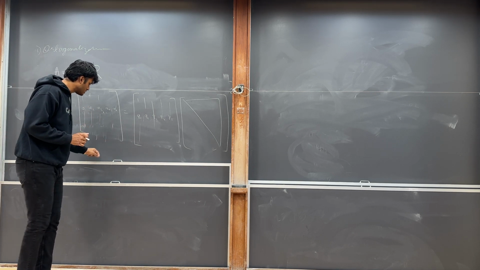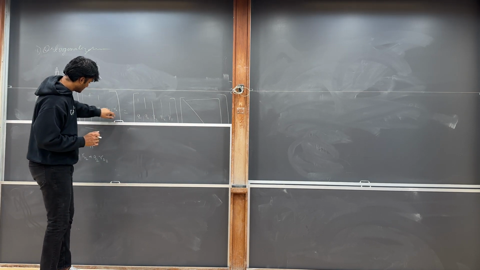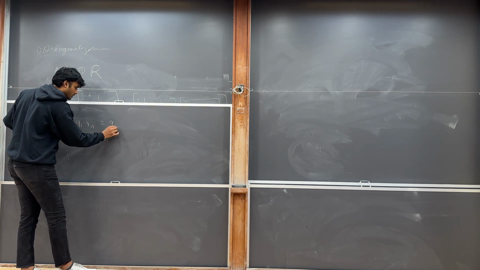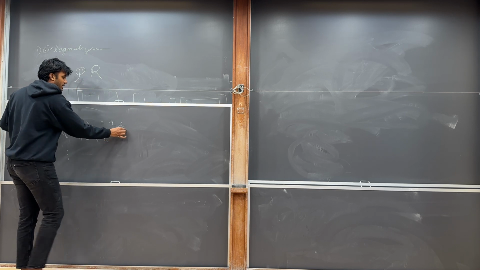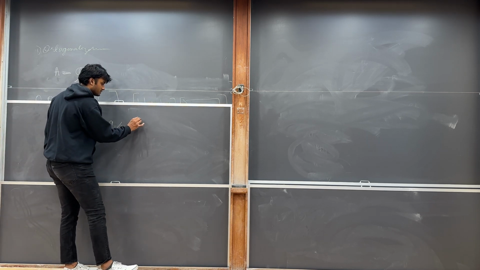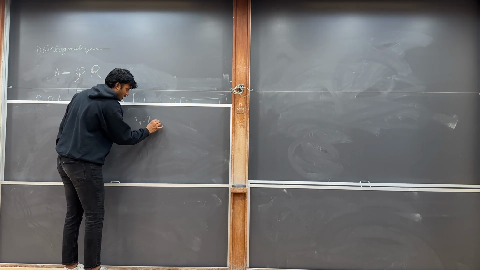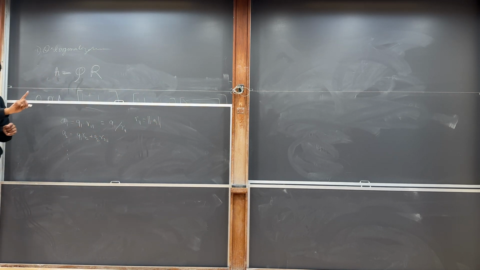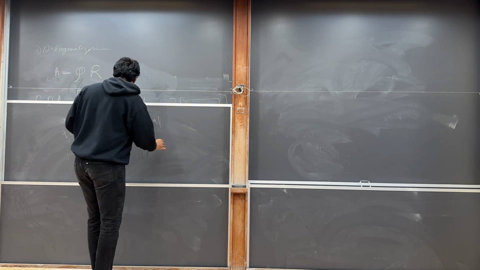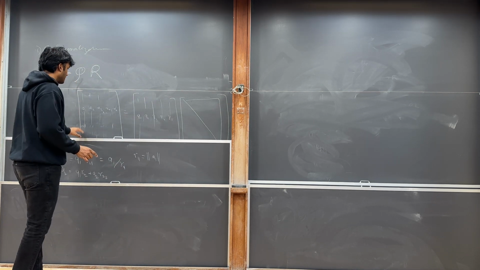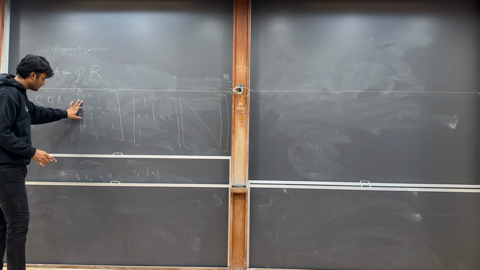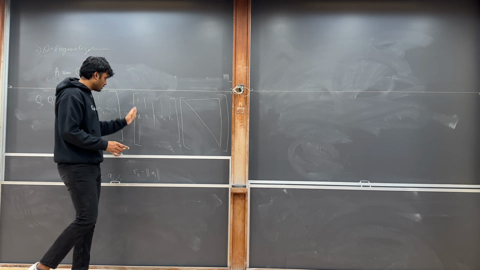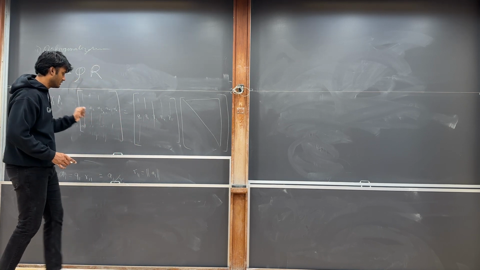For example, the first column of this Q matrix is just A1 divided by R11, and I choose R11 as the norm of A1, such that the norm of Q1 is 1. It's a unit vector column. So what I do is, I first take my column, take the norm of this column, divide by that norm, and put that in the first column of my Q matrix.